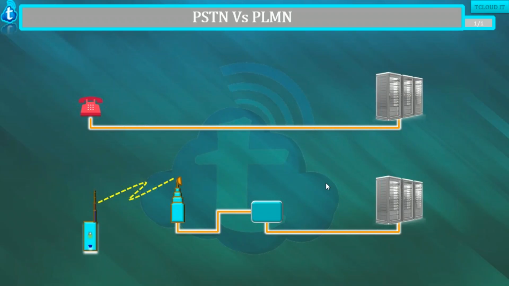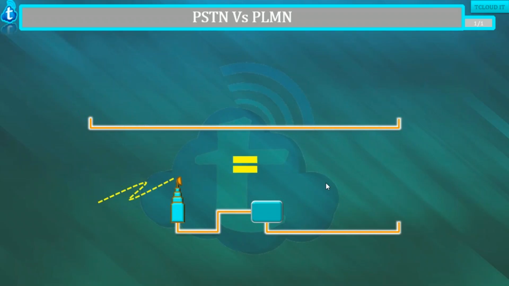To do a comparison, the wire in your landline phone system is equal to the radio signal from the mobile device to the tower to the centralized component. There is a wire from the centralized component connected to the switch.